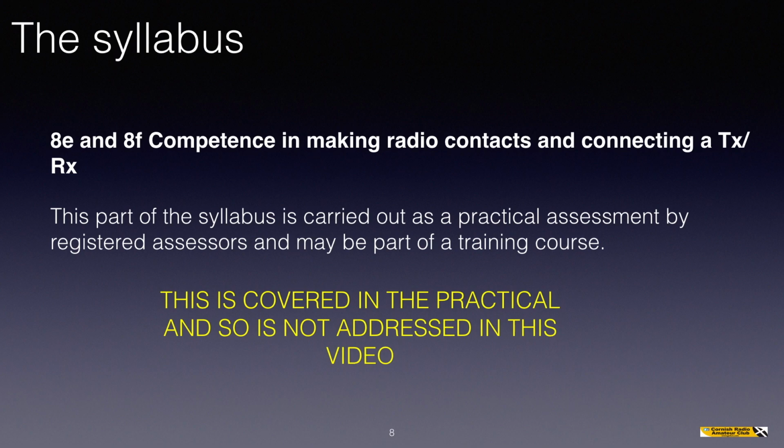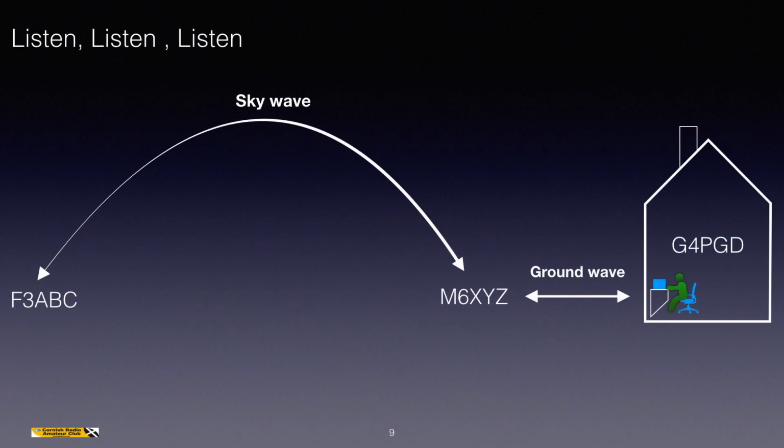So let's start going through those syllabus items. The first thing is listen, listen, listen. Here, illustratively, we have F3ABC talking to M6XYZ and using the sky wave, and you'll recall from propagation that means he's using HF.